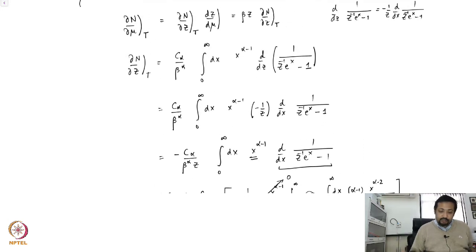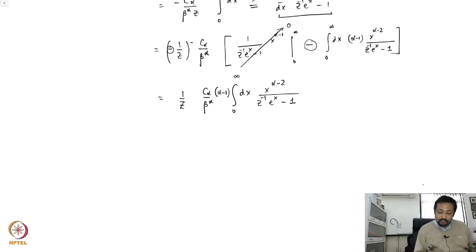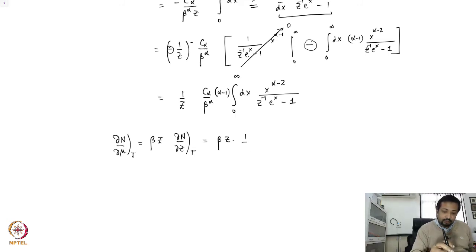Let's go back and see. I originally want (∂n/∂μ)_t held constant, and that is just β times z times (∂n/∂z)_t held constant, which is going to be β z times 1 over z C_α over β^α.